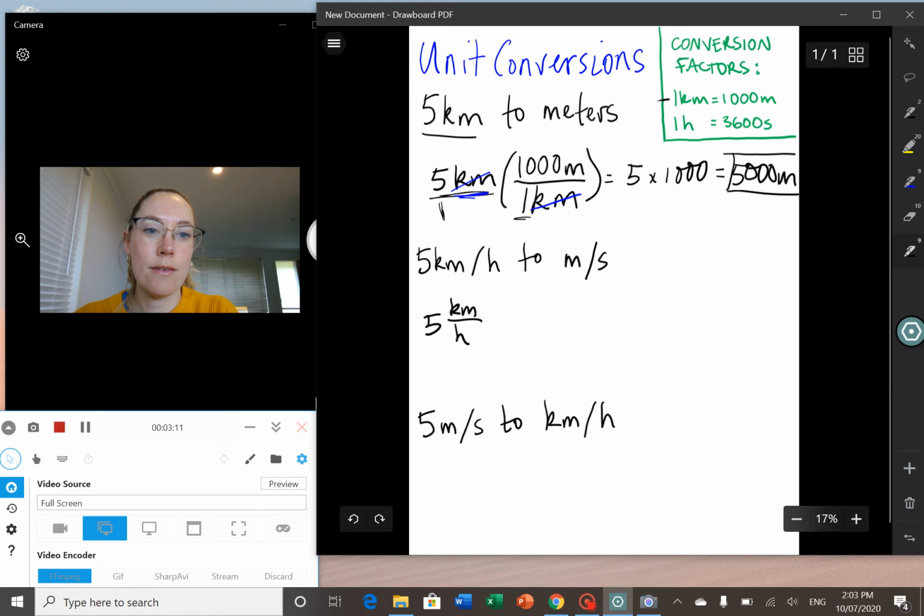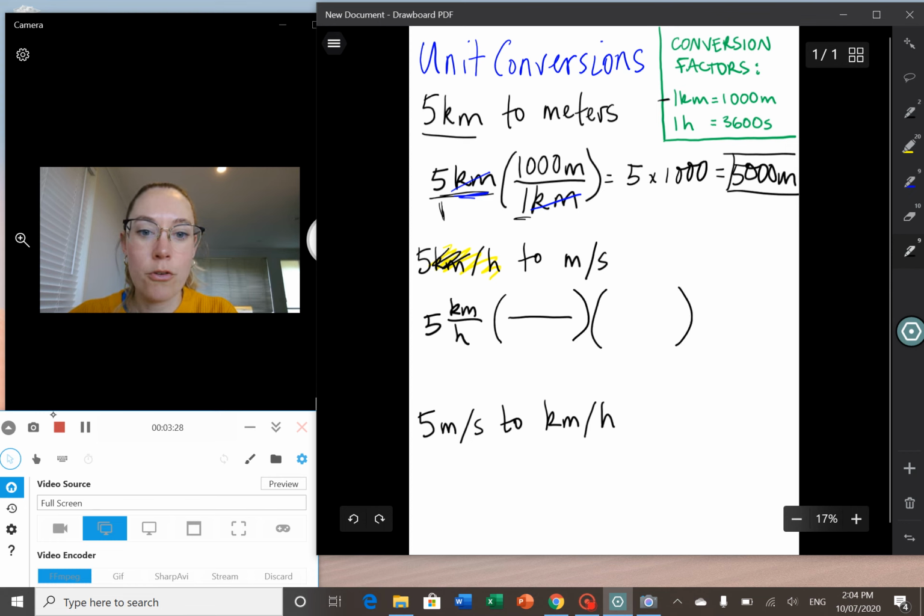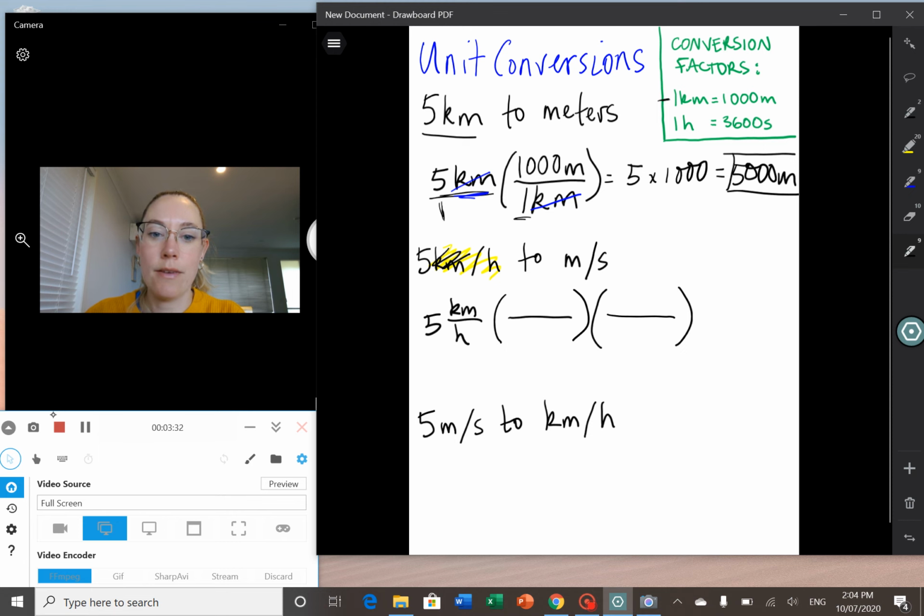It still says exactly the same as what we've got here. I've just written it to actually look like a fraction instead, and that will help us when we're putting our conversion factors together. Because I'm converting two units of measurement, I'm converting kilometres to metres and hours to seconds, I now need to multiply it by two sets of fractions.